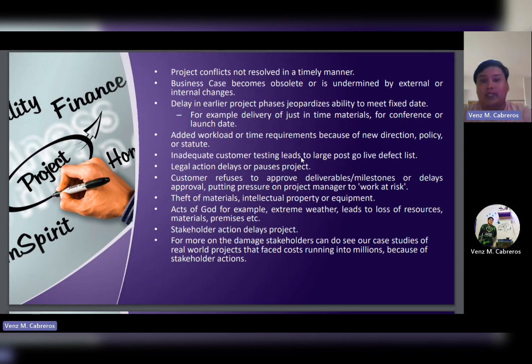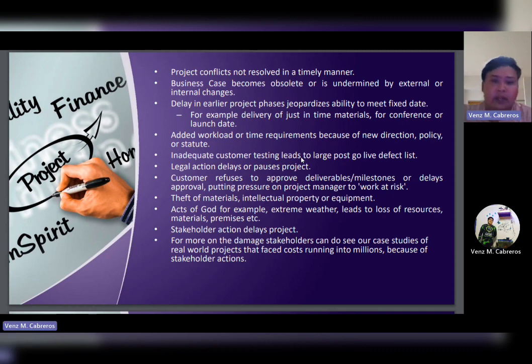Then customer refuse to approve deliverables or milestone or delays approval, putting pressure on the project manager to work at risk.